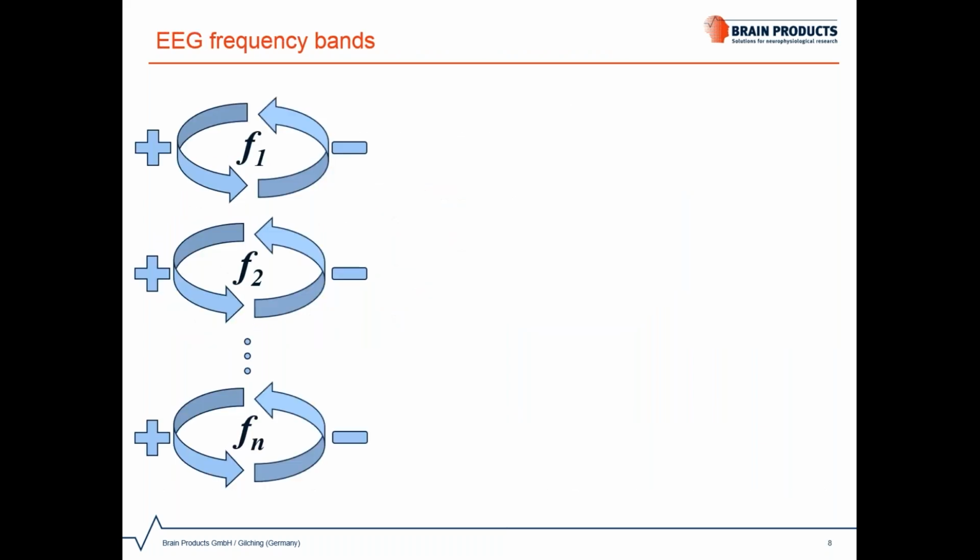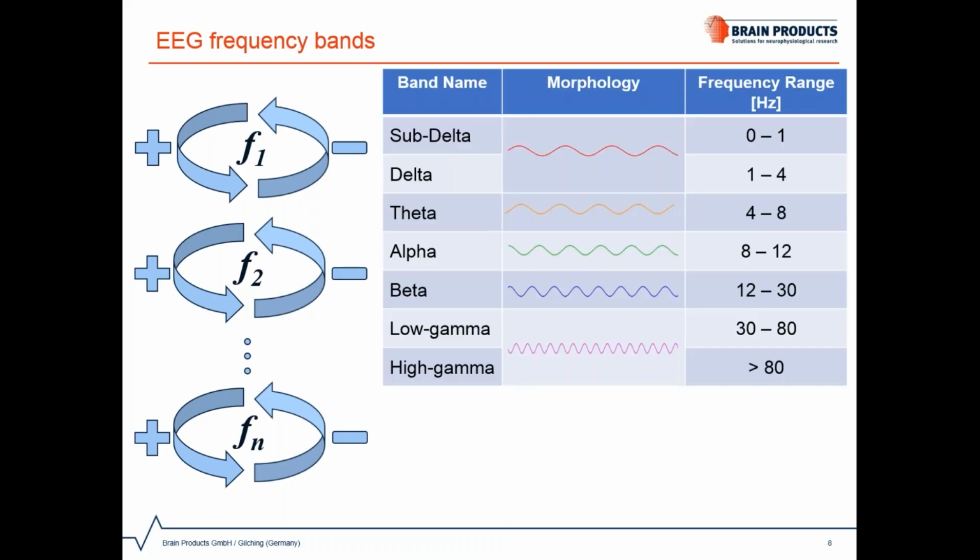So this rhythmic oscillatory activity driven by the flow of current during the interplay of many neurons can be categorized into different frequency bands. In EEG research, there is a standard nomenclature of frequency bands, which is summarized in this table, from the lowest delta to the highest gamma frequency, or from the slowest to the fastest wave when observed from the morphology perspective.